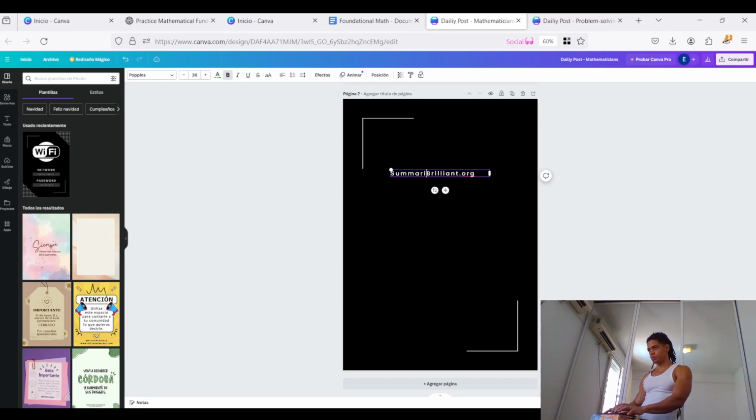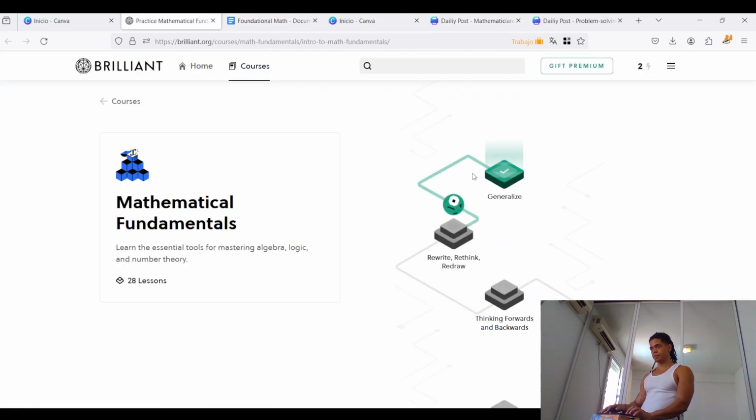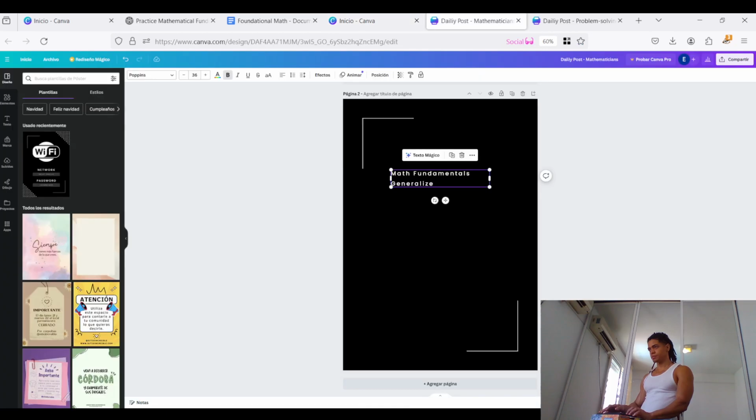Summary from brilliant.org, math fundamentals. Exactly, because people will ask.